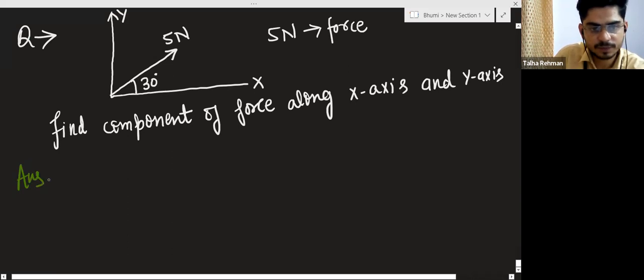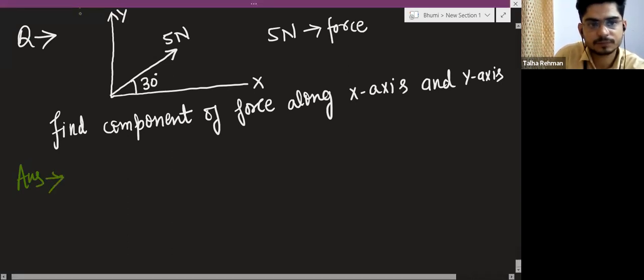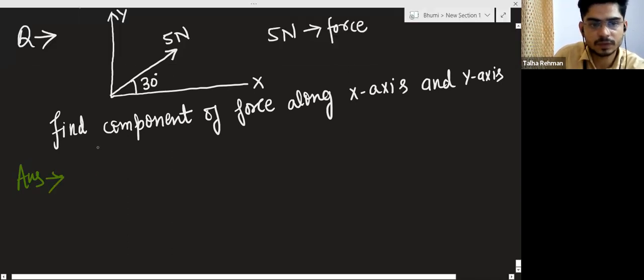So see here. This is x-axis and this is the vector, and along this axis I have told you this is the angle theta. So the component of force along x-axis is 5 cos theta. Okay?